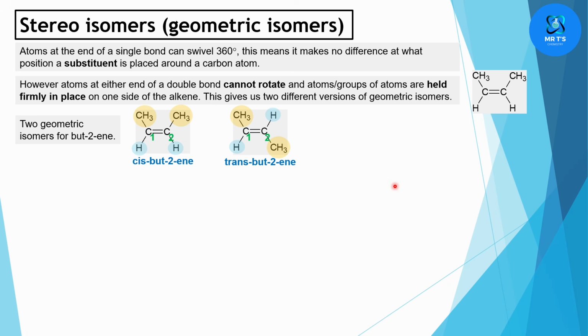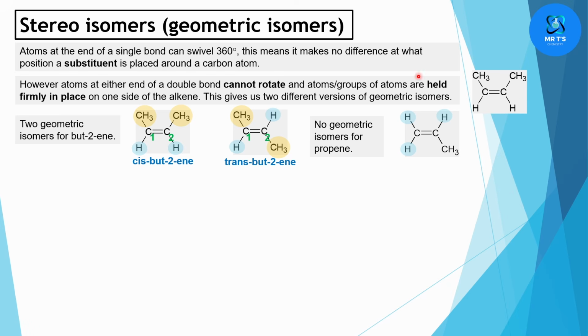Now, when would we have a double bond but not have geometric isomers? Well, let's have a look at propene here. It does have a double bond, and it is holding the CH3 at the bottom of the molecule, and it's holding these two hydrogens at the top together.